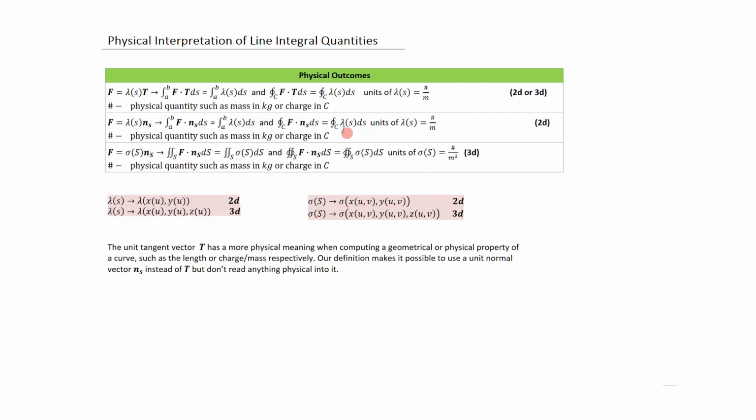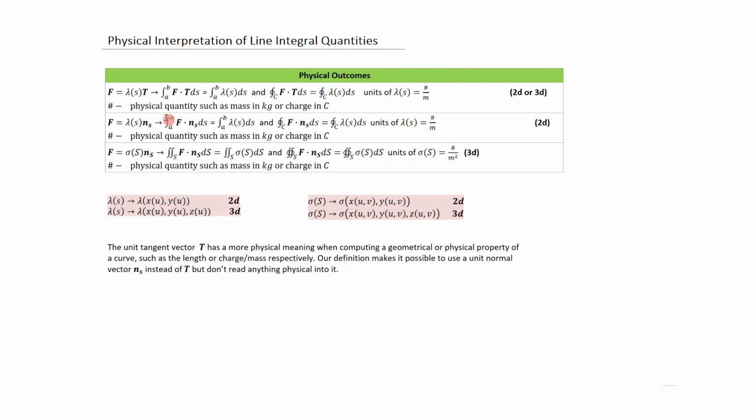However, when we look at the normal vector, normal to a tangent vector, then this only has meaning in a 2D geometry. So in this case, all we're doing is representing F now in terms of a scalar coefficient, similar to the one above, but times the unit normal vector. And so F gets replaced by lambda s n of s, but the dot product between two unit vectors that are parallel to each other equals 1, and we end up with more or less exactly the same expressions.